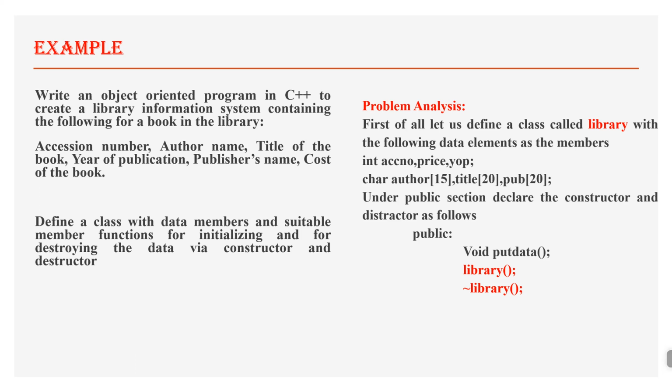What are the data elements? Accession number, author's name, title of the book, year of publication, publisher's name, and cost of the book. These are the 6 different data members.